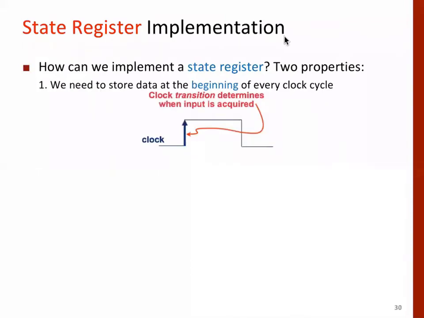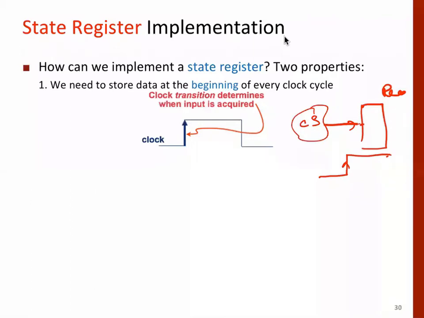So, when we are going to design a state register, we need 2 properties. First is that we need to store data at the beginning of the clock cycle. So there is a register, and there's an input that comes from a combinational circuit. Only at the edge of the clock, whatever the input is here will get into the state element.